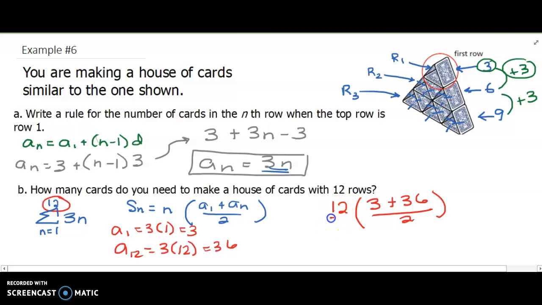Once again, 12 over 2 is 6, so this is just 6 times 3 plus 36, which is 39. And when I put that into my calculator, I get 234 cards.